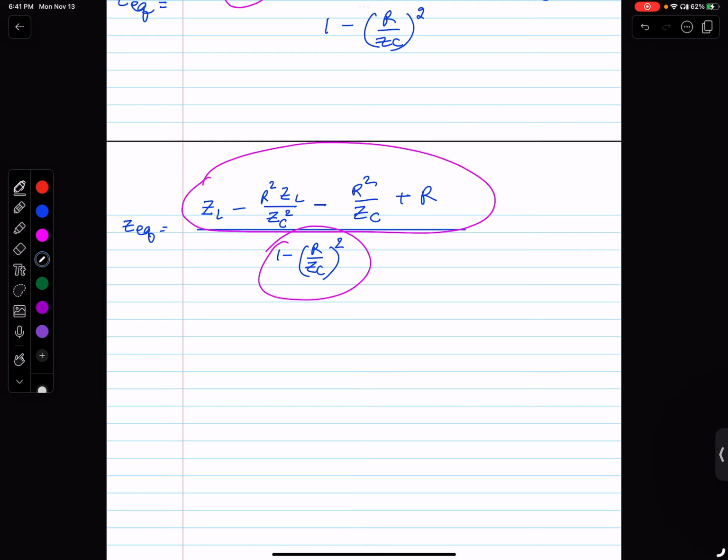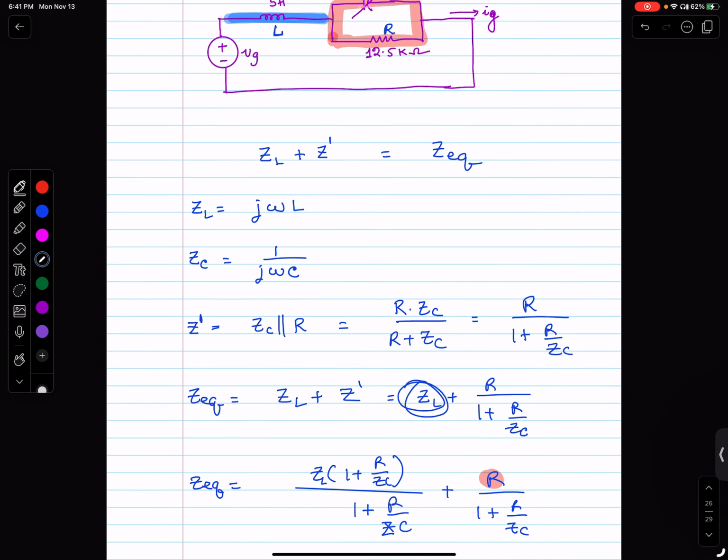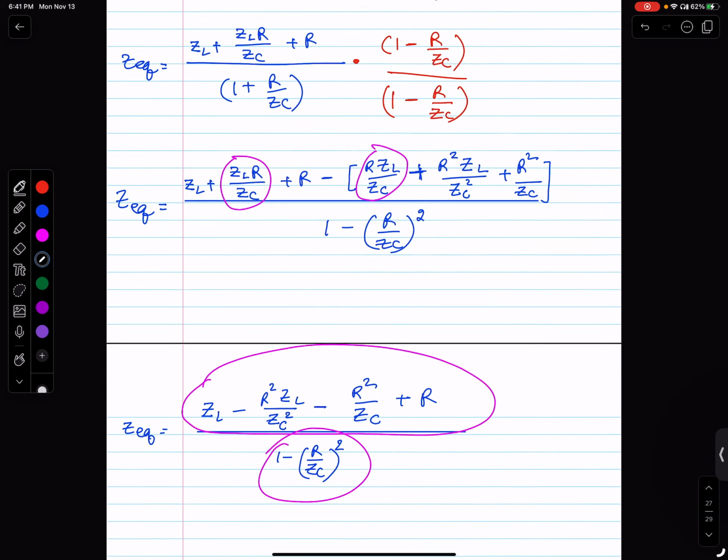Now we are going to come back to the other piece of information that's given to us, which is to say that the circuit is purely resistive, or that Ig is in phase with Vg. Now we are going to apply that.